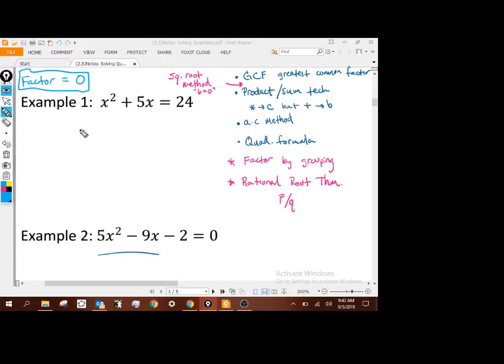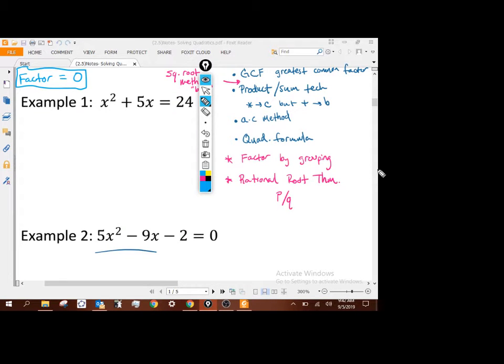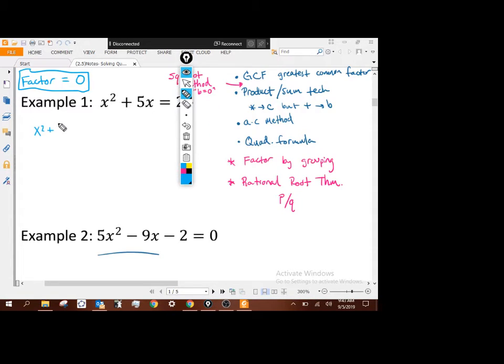I know that I have to use that idea so that I can then address the use of one of these tools over here. So when I have x squared plus 5x equals 24, I have to do all my work to make that 24 get to the other side.